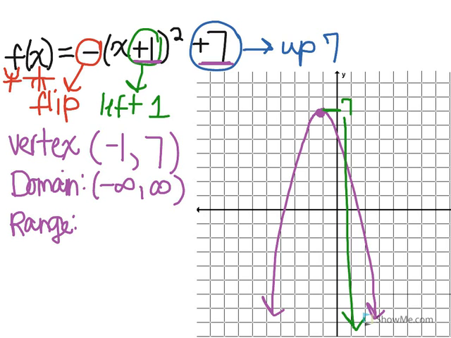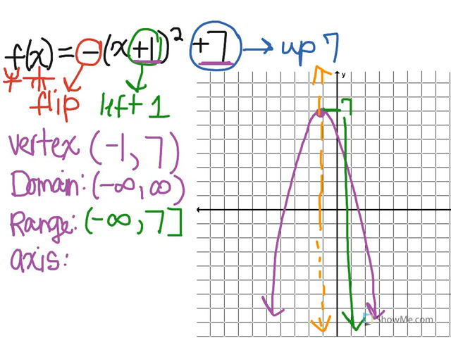So it wouldn't be 7 to infinity, it would be the reverse of that, which is actually -∞ up to 7 as being the largest y value. And then finally the axis of symmetry, which essentially just goes right through the middle of our graph. It's going to be right here, this line, which is x is equal to -1.